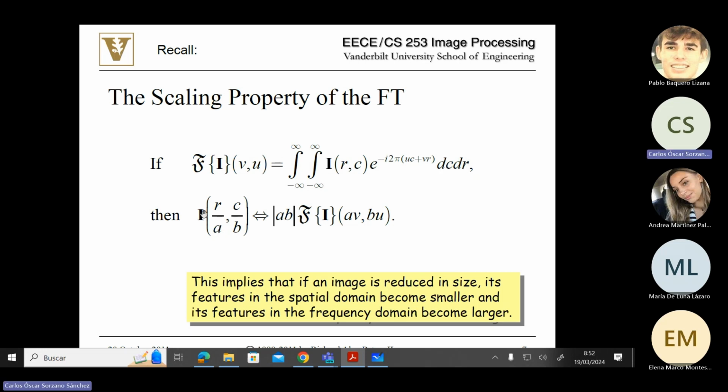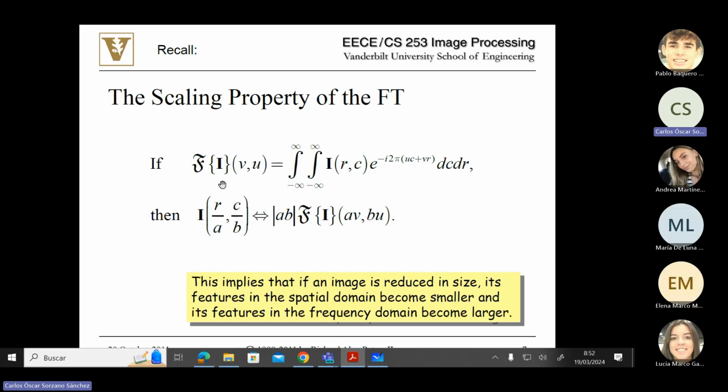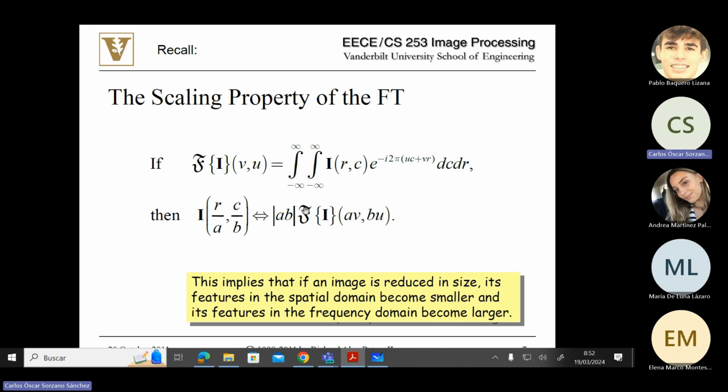So you have a linear transformation of your coordinates, and then the Fourier transform of this transformation will be the original Fourier transform, but now the frequencies have been scaled. So if these are divided by a, here it is multiplied by a. And here you have this factor.